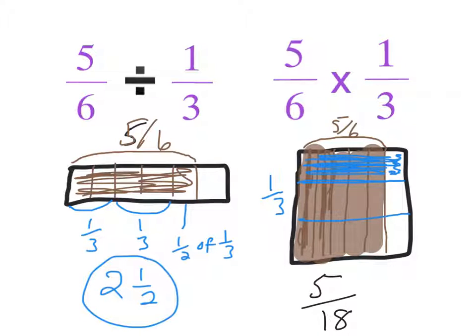Then I look at this and I say, can I simplify this? Is there a common factor between 18 and 5? I know 5 is a prime number, so it has a common factor of 1 between them. So there are no common factors besides 1. So my answer is going to be 5/18 when I multiply 5/6 times 1/3.